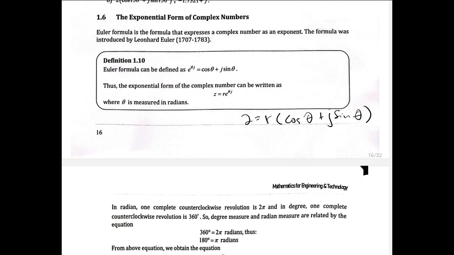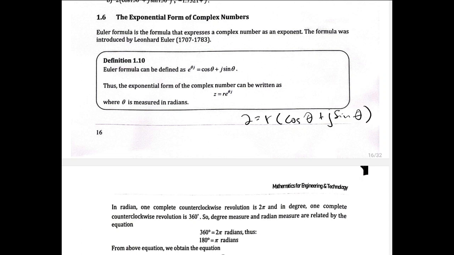He showed that e to the power of theta j is equal to cos theta plus j sin theta, which is exactly this one.